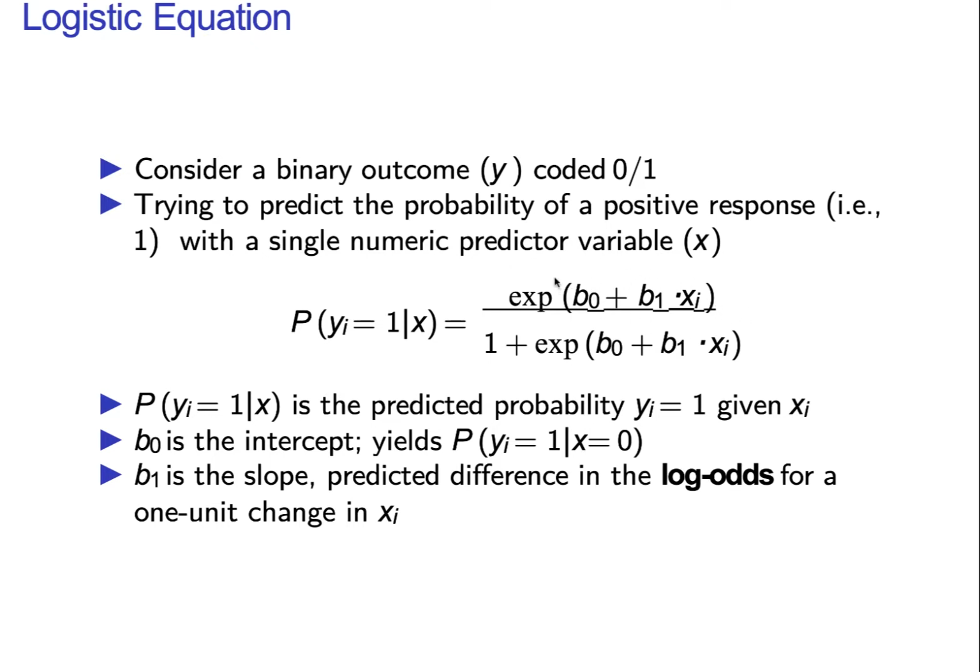Inside the parentheses, all you have here is basically the traditional regression equation, so the b0 plus the b1 times x, which is something you are familiar with from the past. Divided over 1 plus the logistic equation again.